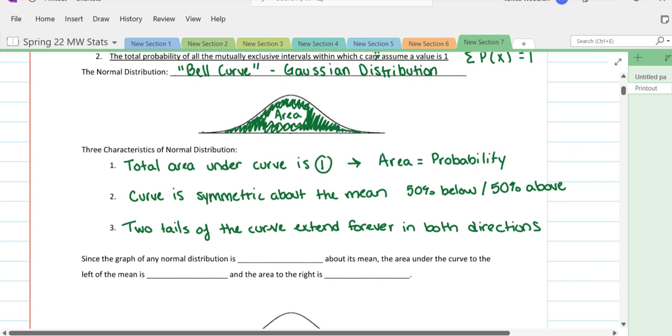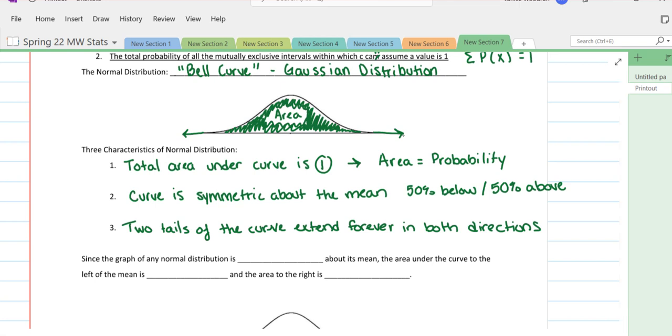We could imagine here that this is just going to keep going to the left and to the right. And how does that work if the area is 1? It just keeps getting closer and closer to 0 as we get further to the right and to the left.